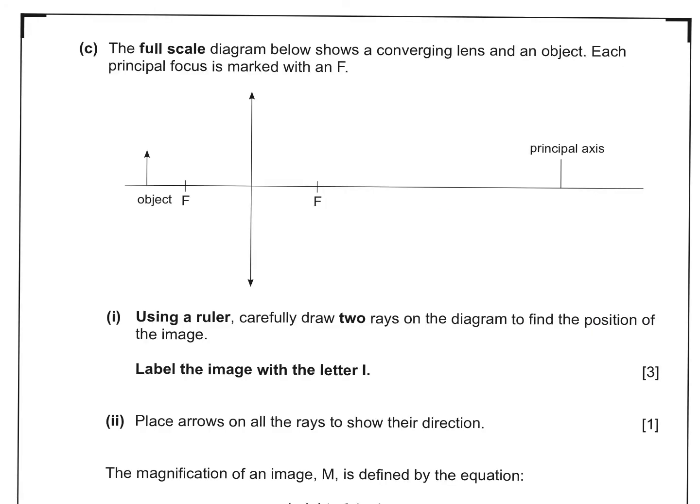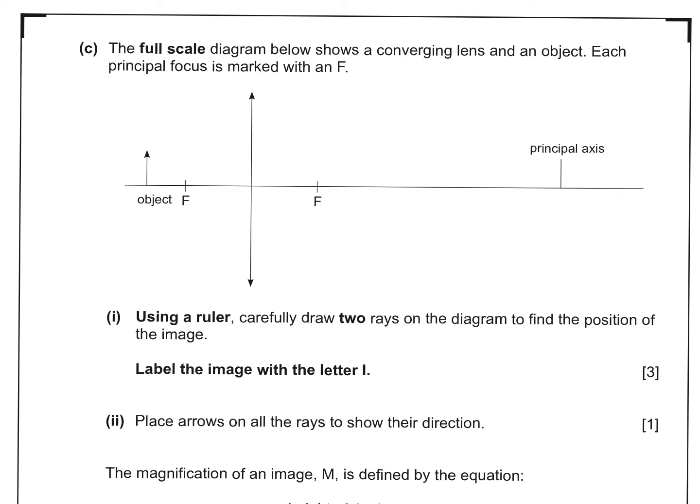Part C, the full-scale diagram below shows a converging lens and an object. Each principal focus is marked with an F. Using a ruler, carefully draw two rays on the diagram to find the position of the image. Label the image with the letter I. Okay, so there's a couple of rays we can draw. One of the standard rays here is that a ray through the optical center, which will just keep going.